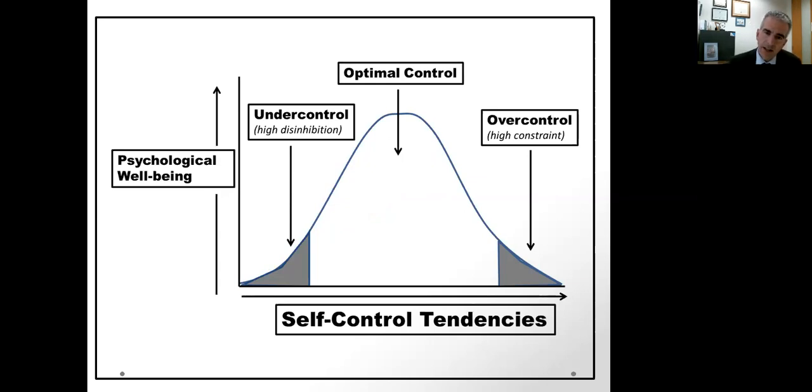Not only are those with under-control or impulsivity going to have interference in their functioning, but too much self-control may also be problematic, and those with high constraint may also have difficulty. OCPD would be on that over-control side. And so the right balance would be somewhere in between. So optimal control would be associated with greater health.